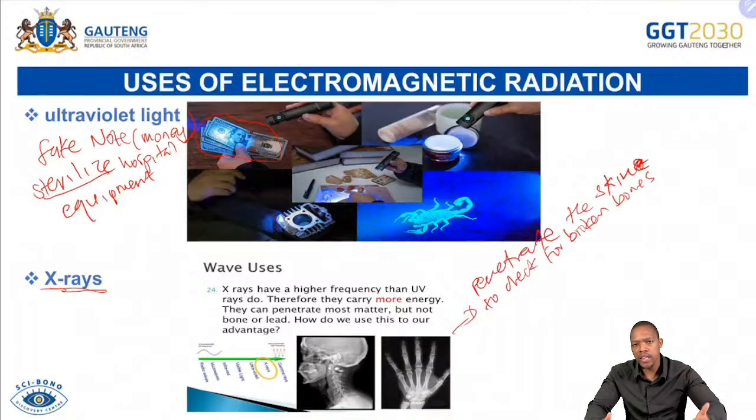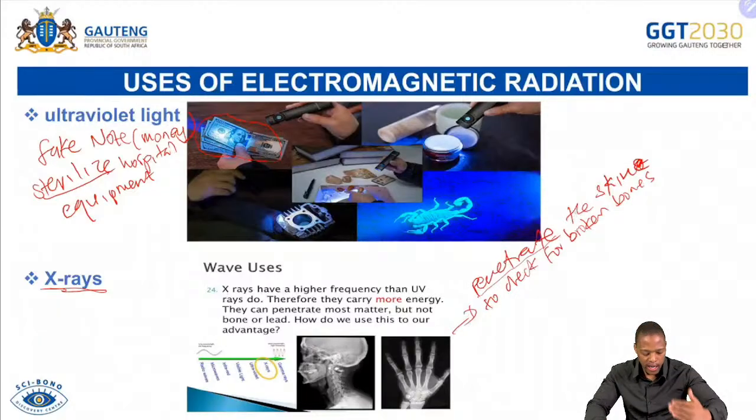If he is in the same room as every patient, it means he's exposed to these electromagnetic waves every now and then. If he is exposed to them, they can be dangerous to him because they have high frequency and high energy. They have energy that is so high that it can penetrate through the skin.